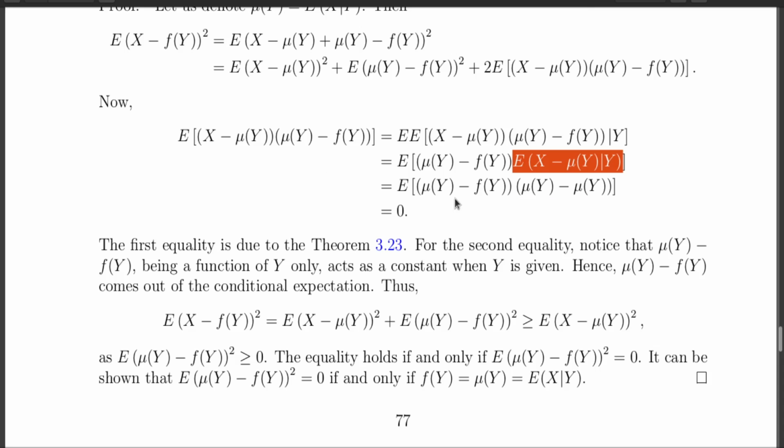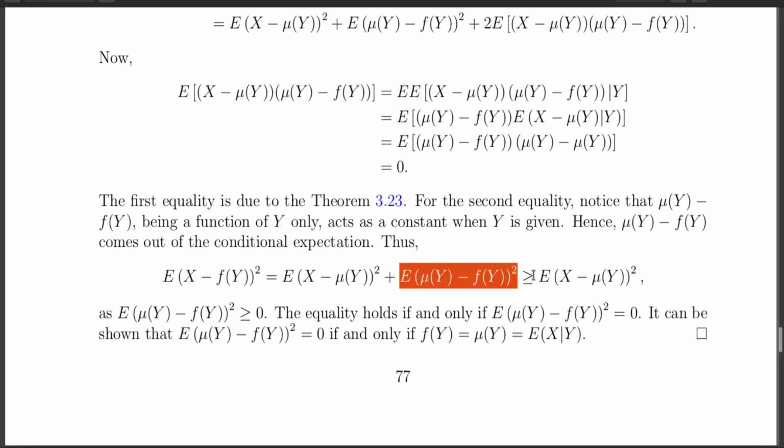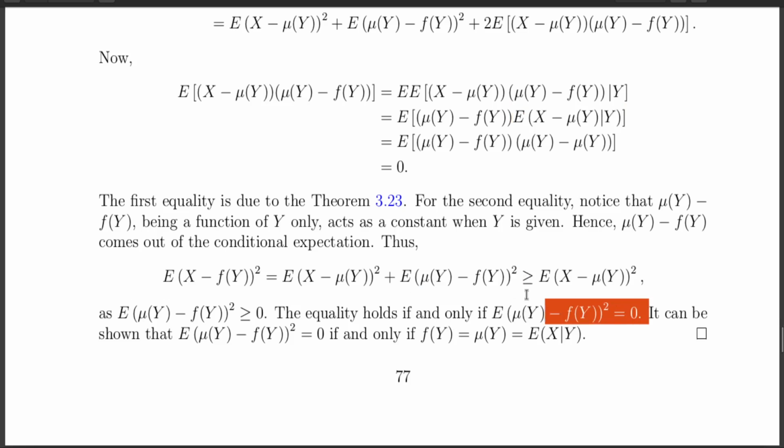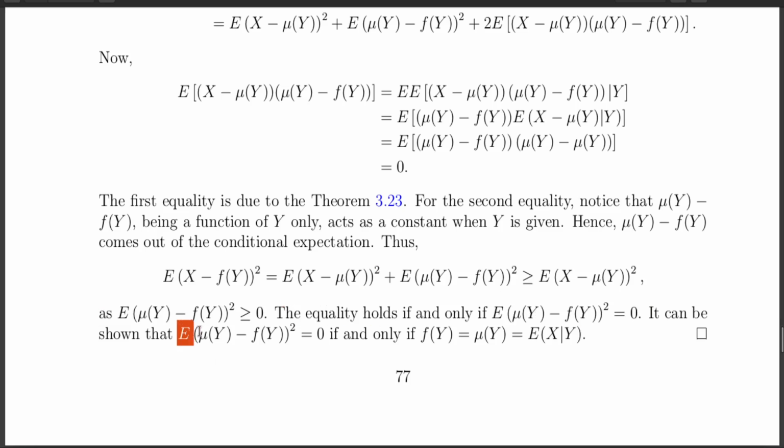One thing I mention here: it cannot be proved with what we have done, but it can be shown that the equality holds if and only if this part is 0, and this expectation is 0 if and only if f of y and mu y are the same.